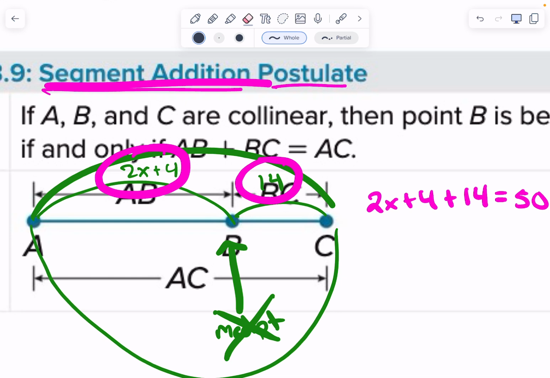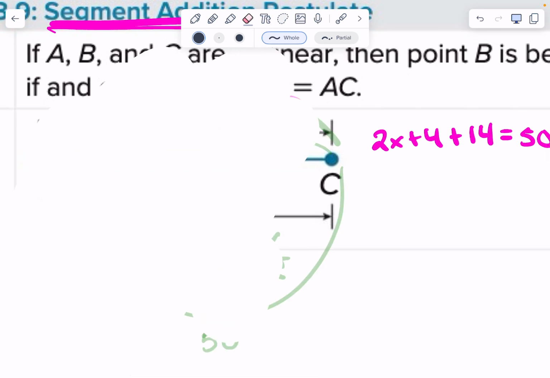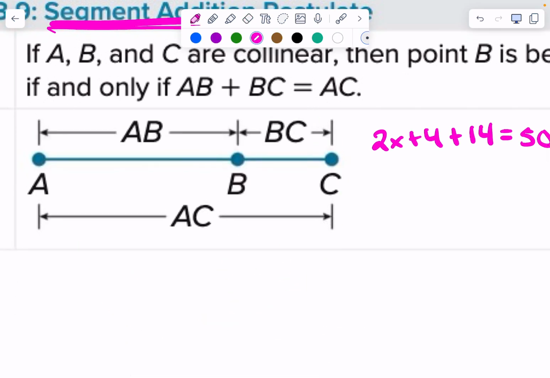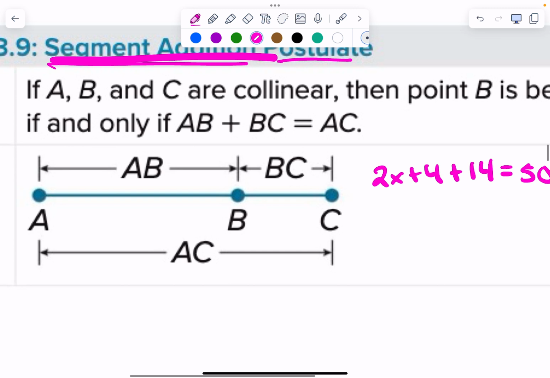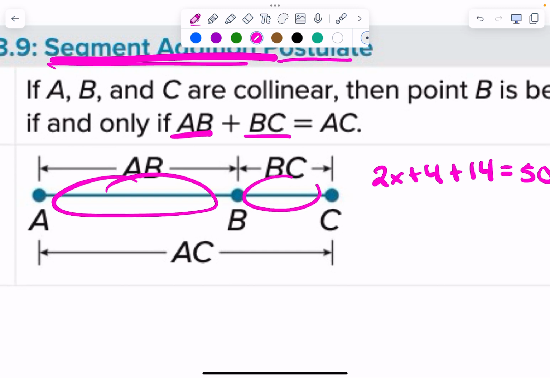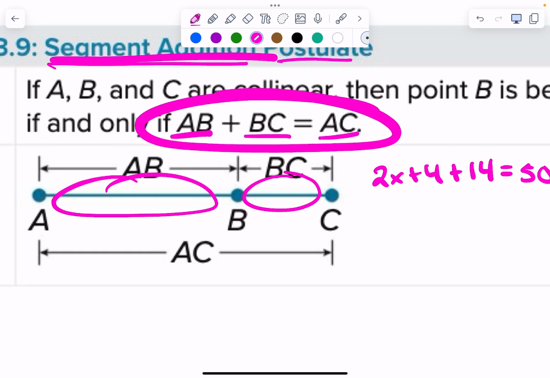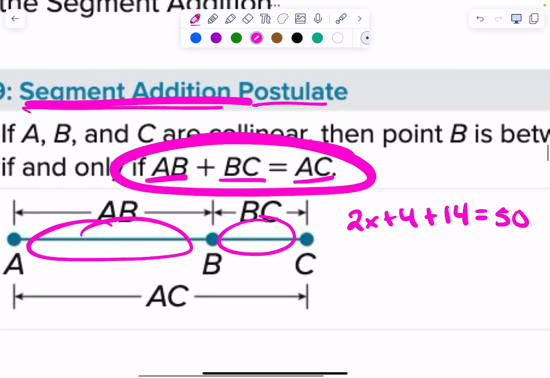All right, now, what do they do if we don't have numbers? This is how you use the segment addition postulate in a proof. Ready? Okay, if they give us this diagram, what we are able to say is that AB plus BC, those are the two smaller parts, is equal to AC. This is the stuff that would go on the statement side of my proof, okay?